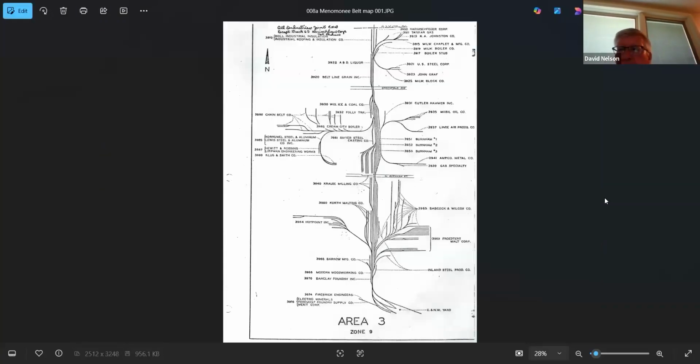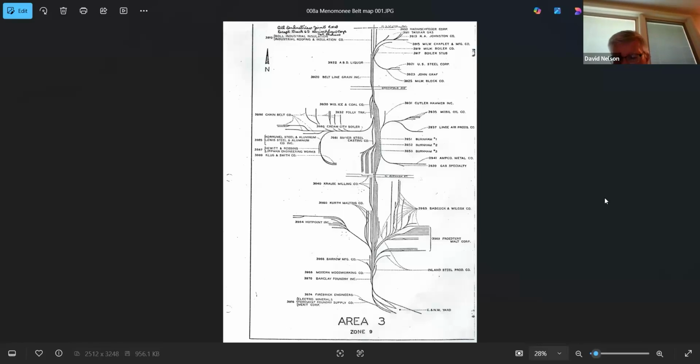Another form of interchange that modelers in some cases have explored is the joint trackage situations that exist. This is a map of all the industries on a piece of joint trackage between the Milwaukee Road and the Chicago and Northwestern here in the Milwaukee area. It was known as the Menominee Belt.